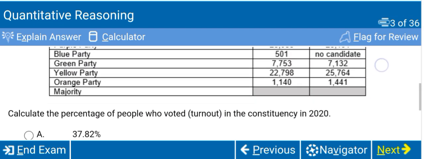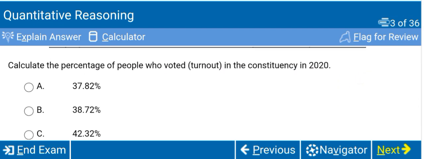With the same data, we have a different question which says: calculate the percentage of people who voted, the turnout, in the constituency in 2020. Option A, 37.82%.